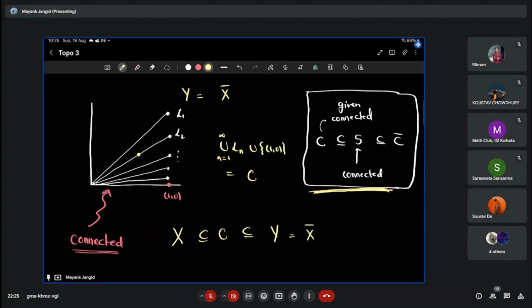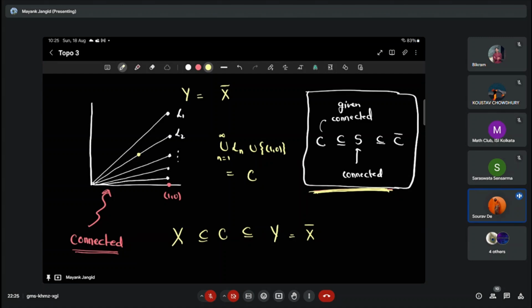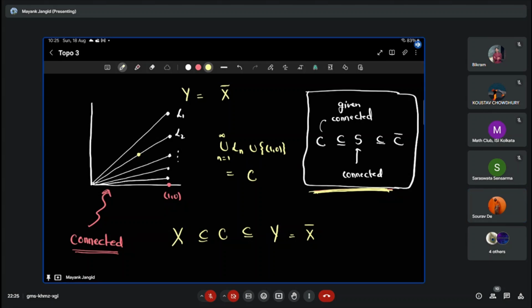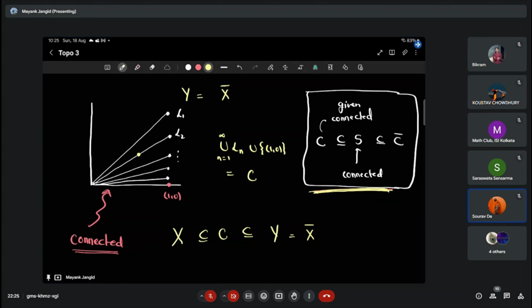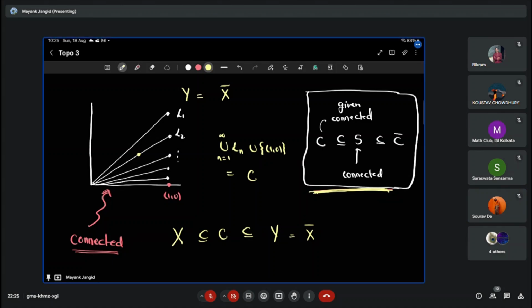Yes. So the claim is that C is not path connected. That point (1, 0) lies in some sense a bit far, but not very far. So this is a limit point, but to make a path, it has to jump somehow, and it doesn't have that much space.